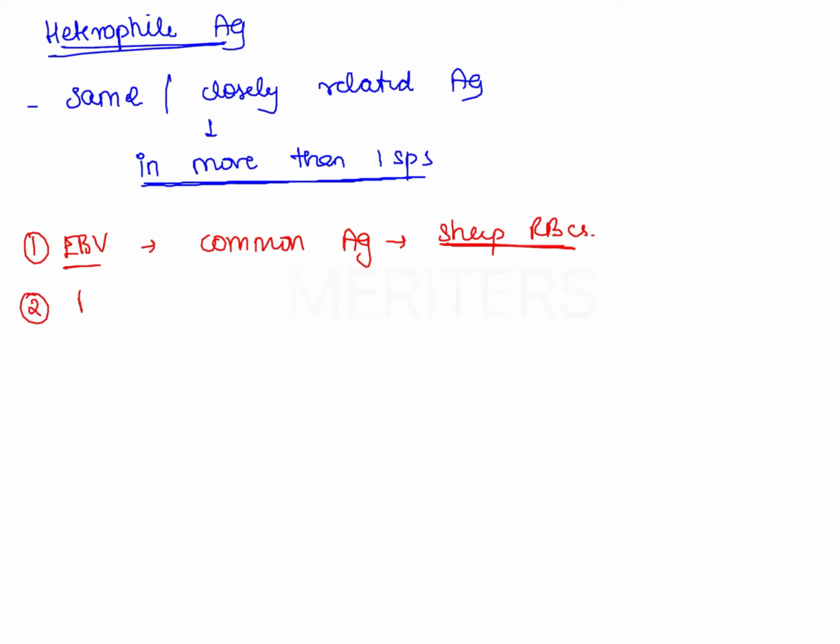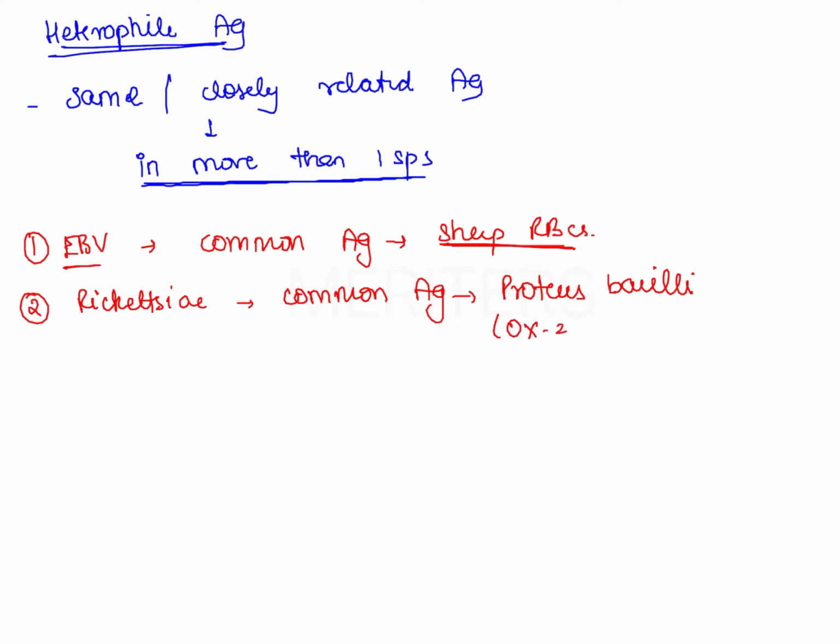The next example is Rickettsia, which causes typhus. It again shares a common antigen with another species, that is Proteus bacilli, with some of the strains of Proteus bacilli such as OX2, OX19 and OXK.